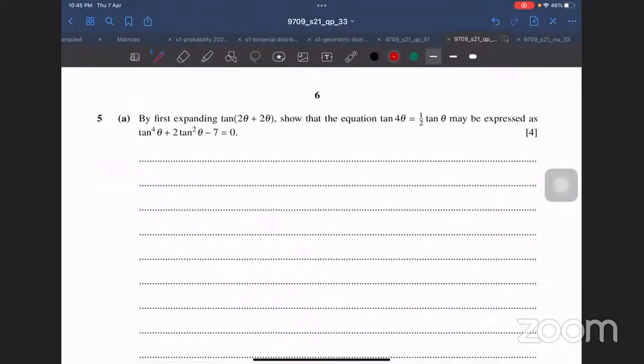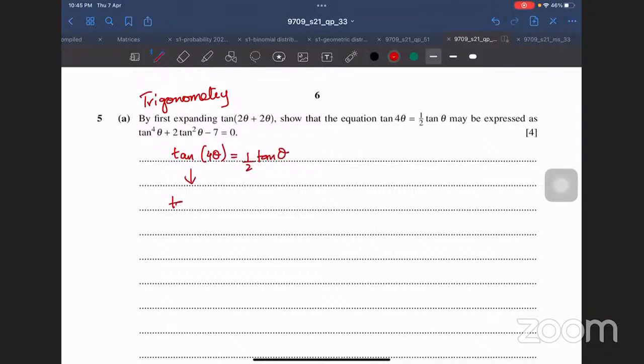Okay. Then it says, this is trigonometry. By first expanding this, show that the equation can be expressed as tan power 4 theta. So tan 4 theta goes to half tan theta.